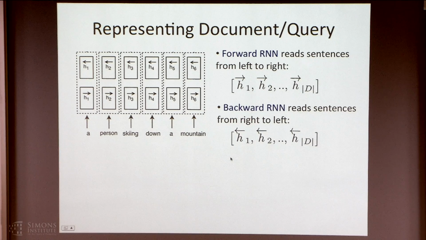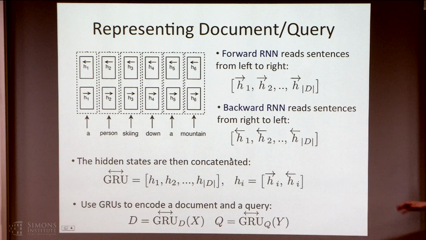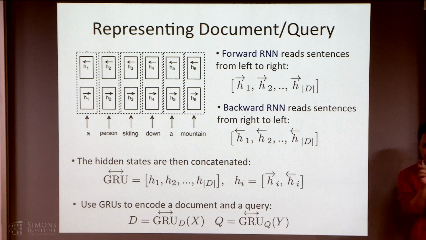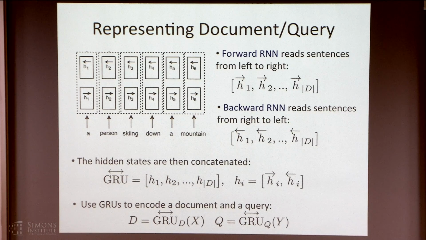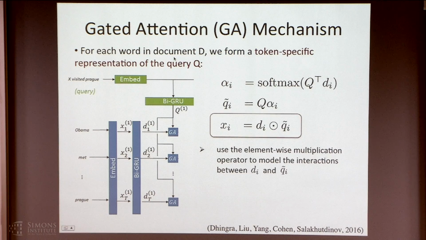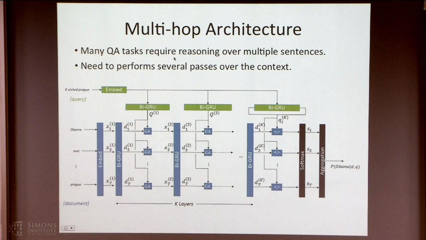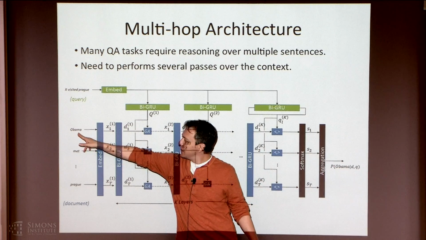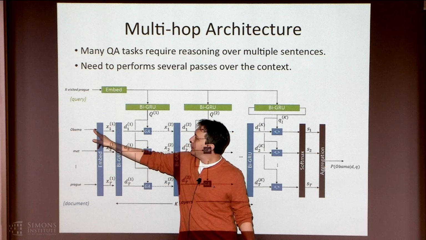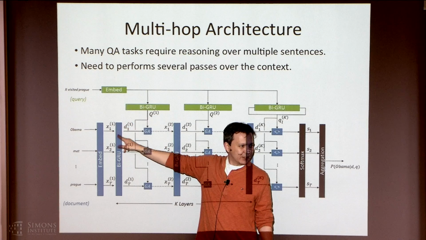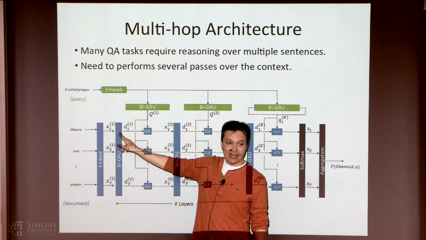One of the approaches for doing this is to encode the documents using RNN-type models, so it's trying to encode the context. And there are these mechanisms, which I don't want to go over for too long. Essentially, for every single word, like the word Obama, and the query, you're trying to find some kind of relationship between Obama and what the query is asking you.